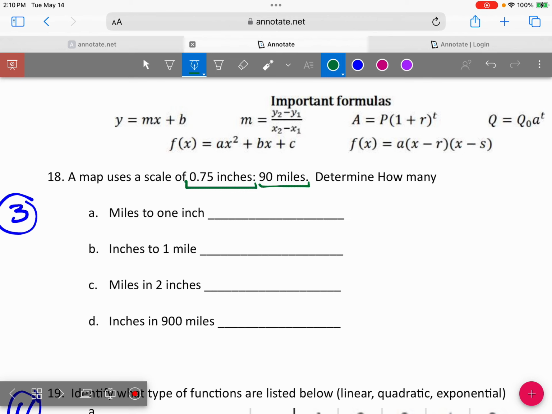Is it going to be less or is it going to be more? If 3/4 of an inch represents 90 miles, it's got to be more. So does 60 make sense?